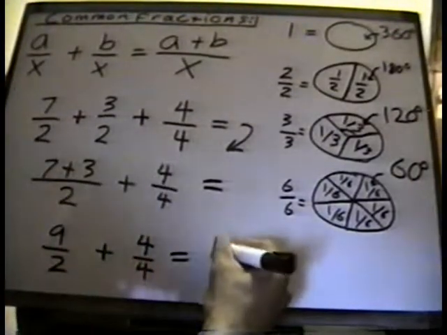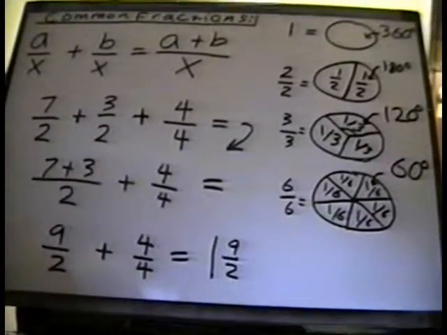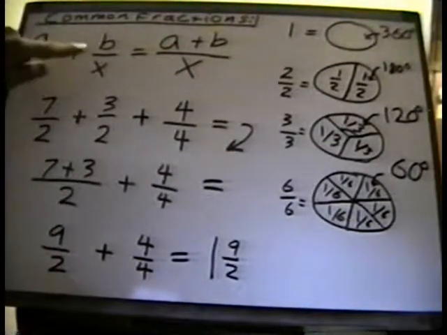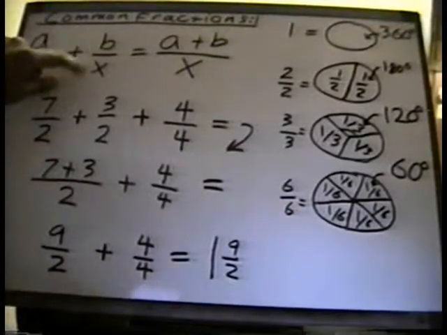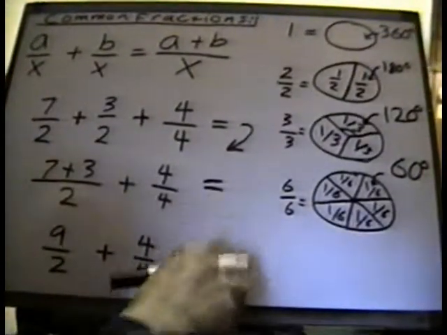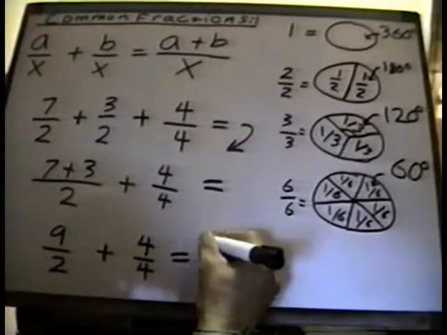We already know our answer is 1 and 9 halves. We know that that's our answer, but apply the rule. So the object here is to see if you can apply the rule. Do you know what you're doing?